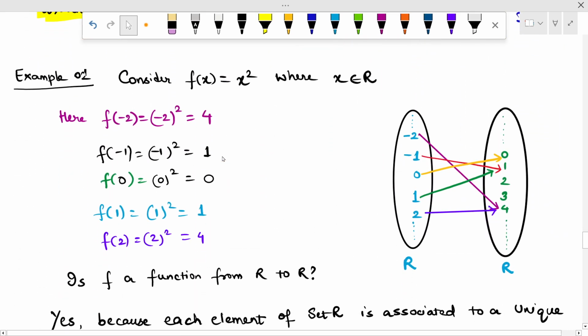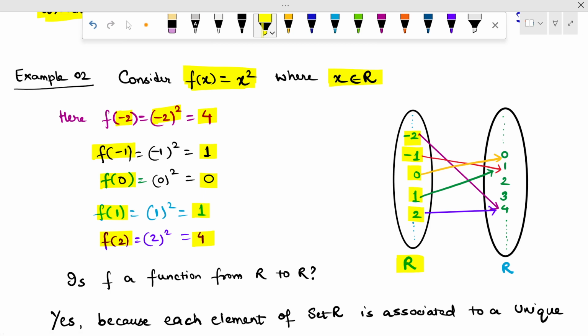Now consider another function f of x equals x squared, where x can take any real number. We have constructed this function by taking values of x randomly from the real numbers. We have taken minus 2, and minus 2 squared gives us 4. So f of minus 1 is 1, f of 0 is 0, f of 1 is 1, f of 2 is 4. Now by the definition of function, each element of this first set, which is the set of real numbers, associates to a unique element in the second set.